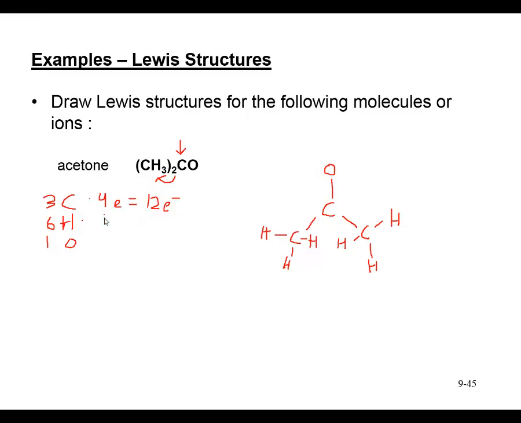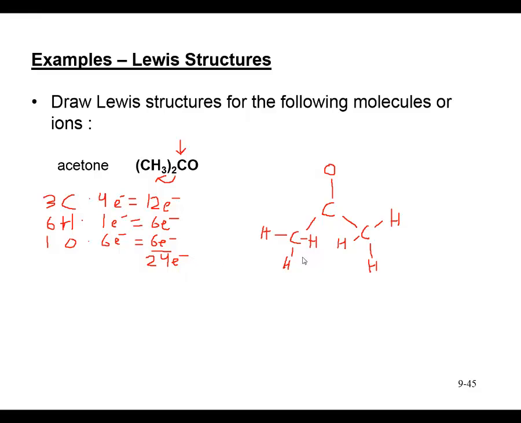Plus I have 1 valence electron for each hydrogen, and there's 6 of those. So there's a total here of 6 valence electrons for all the hydrogens. Oxygen has 6 valence electrons. There's 1 of them. So I have a total of 6 here. If I add these up, I have 12 plus 6 is 18, plus 6 again is 24 valence electrons.